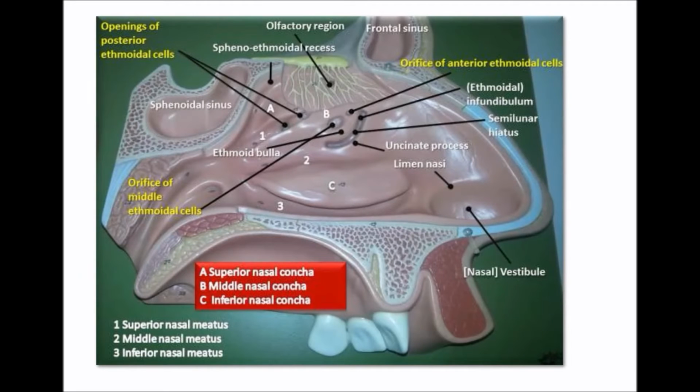So if we start with this model, for example, generally speaking, the route here is going from the nose to the vestibule, passing through the meatus, which is in between the conchae, and then going to the posterior part, going to the pharynx.